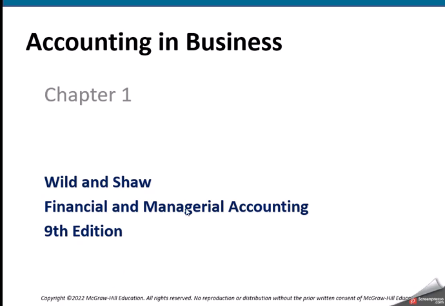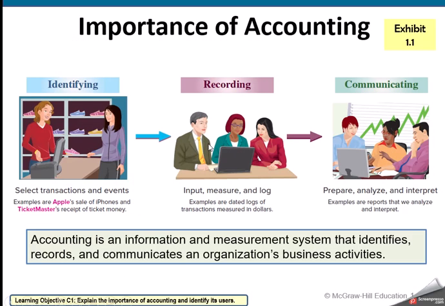Chapter 1 deals with accounting in business, and first it explains the importance of accounting. So basically what an accountant does is sit down and look at transactions to say, okay, what transactions do I need to record?